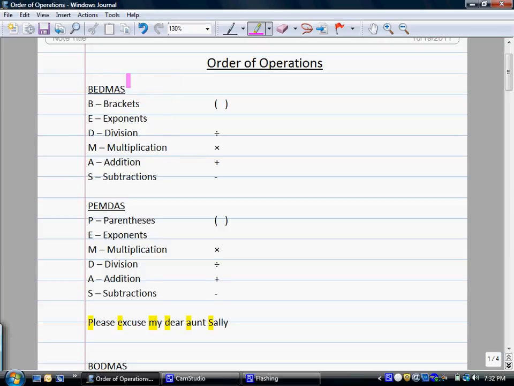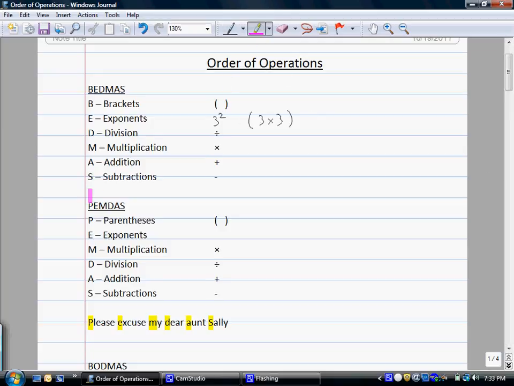So this word just helps us remember that we need to do these operations in this order. Exponents is when you've got something like 3 to the power of 2, which means you do 3 times 3. So that would be 9.